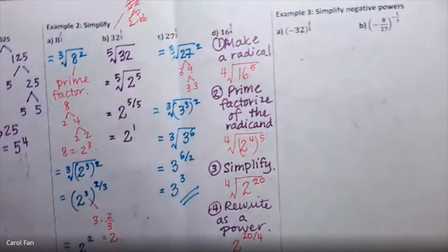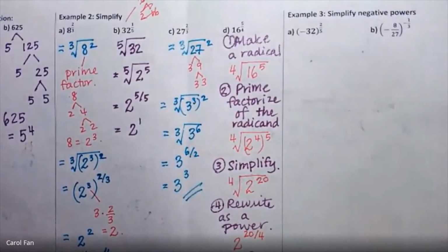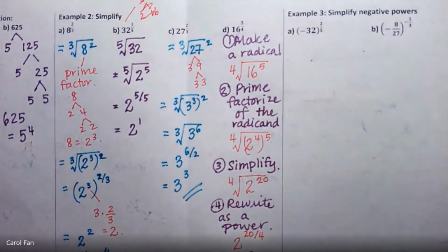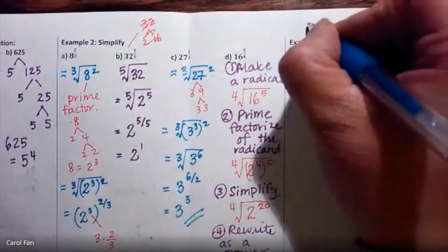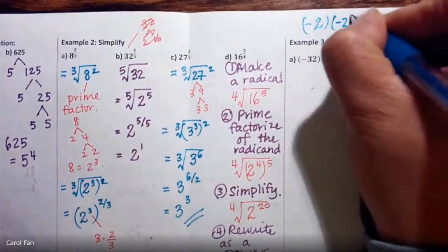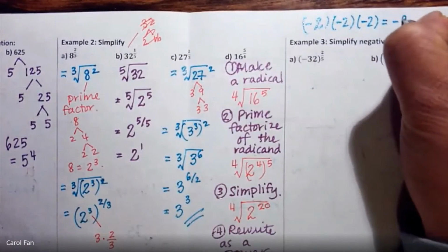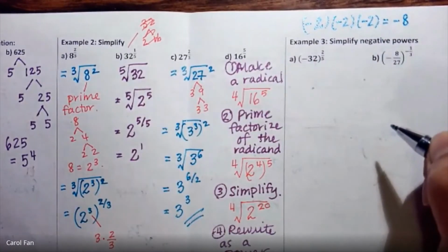Okay, example number 3. We're going to simplify negative bases now, because it's possible for us to have a root of a negative number. Because we know that if I have, let's say, negative 2 times negative 2 times negative 2, this is equal to negative 8.